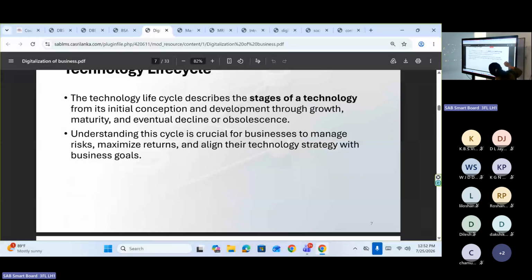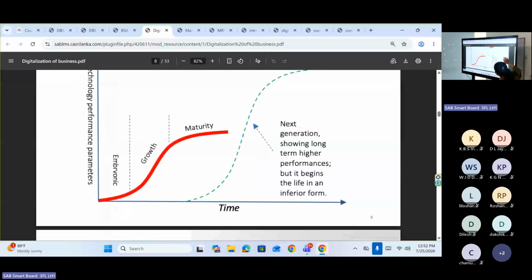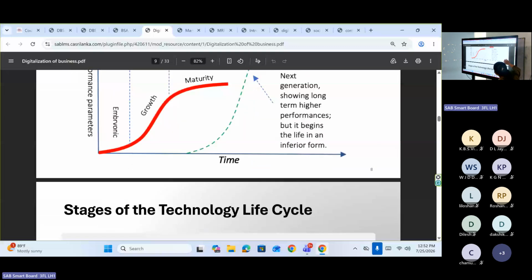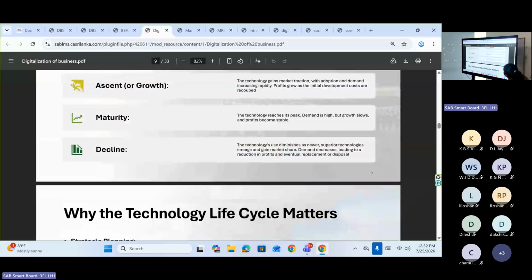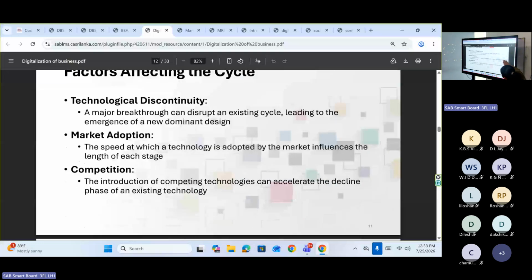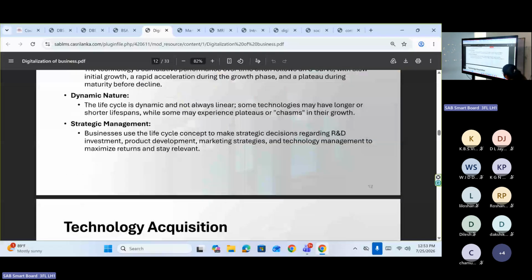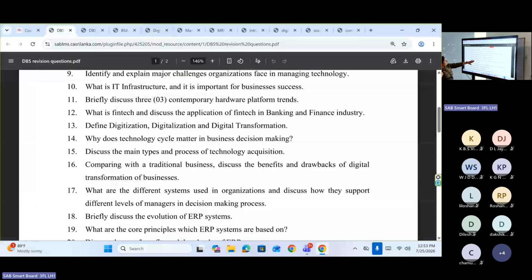Digitalization, digital transformation. Types and processes of technology acquisition.